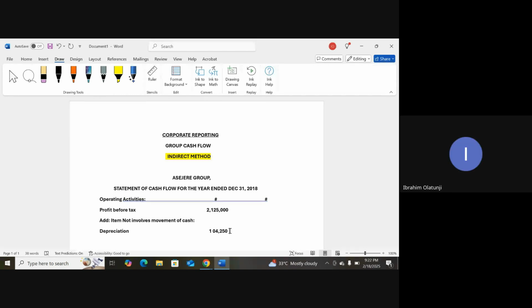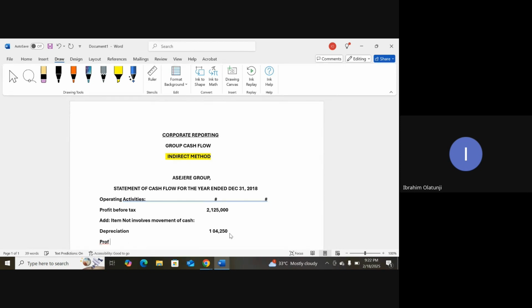For instance, if my asset is worth 4 million and I dispose of that asset for 4.5 million, what is my profit on disposal? My profit on disposal is 500,000. So this 500,000, you have to subtract it. It's part of the items that do not involve the movement of cash. You just say profit on disposal of assets, then you put the figure in brackets.